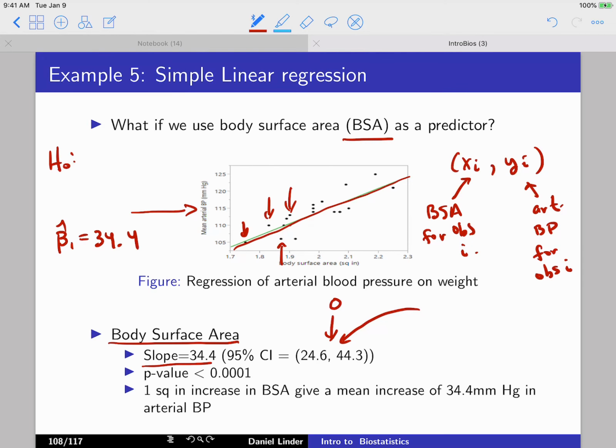So our null value, beta 1 equals 0, is not contained in this confidence interval. So we would reject H naught, and that is in agreement with the p-value that we get from this test. P is less than 0.0001, which is less than our significance level of 0.05. So we would reject H naught. And the interpretation is similar to the interpretation on the previous slide.